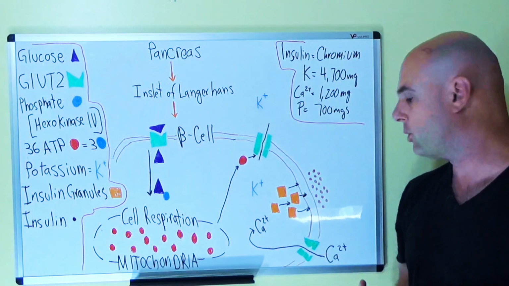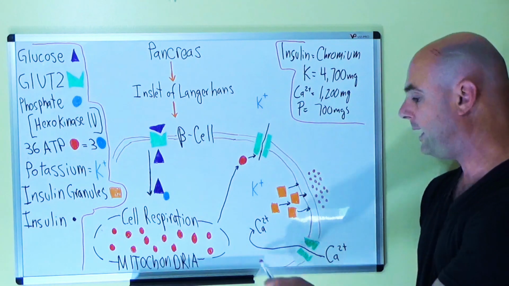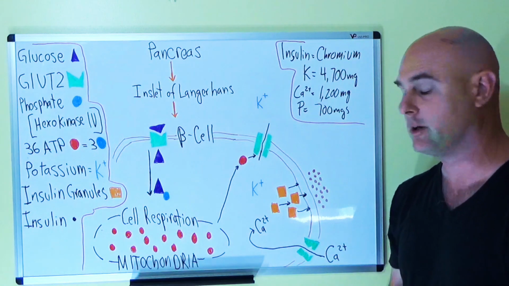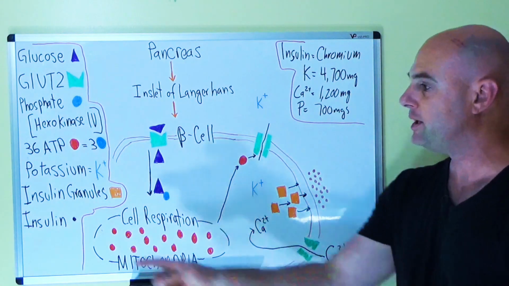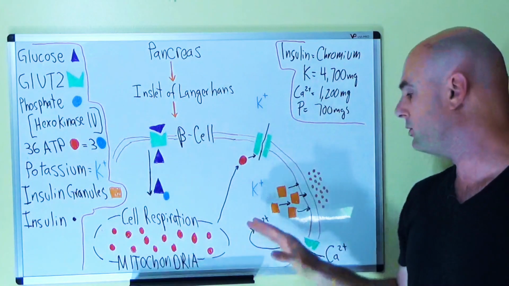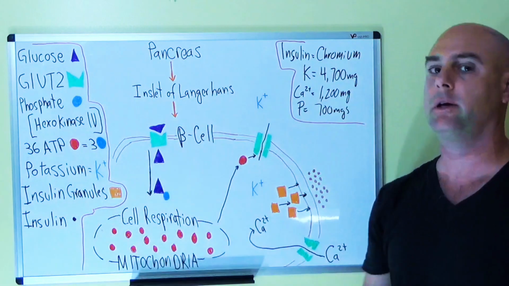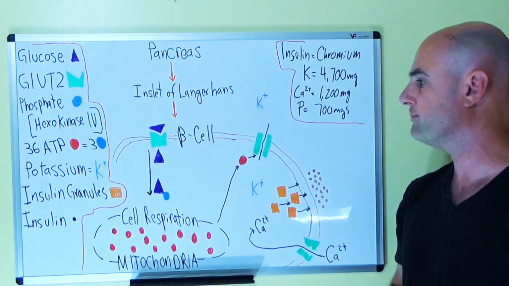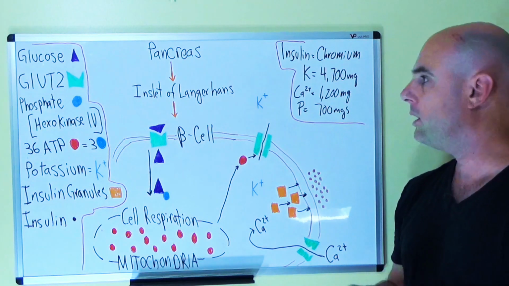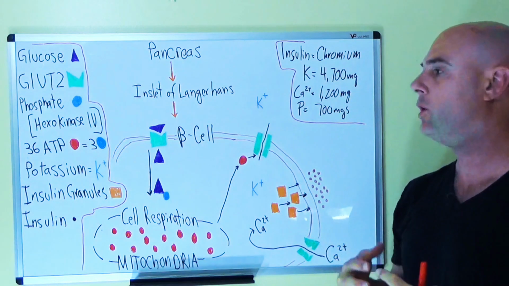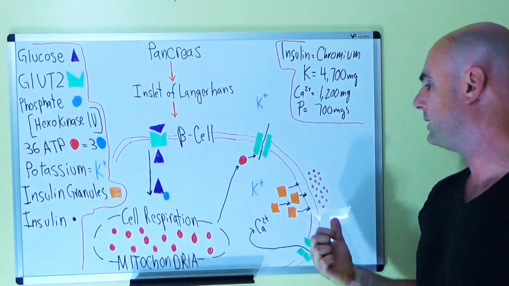And as a consequence, it allows calcium at that point to enter into these beta cells. And what this calcium does is push these insulin granules out of the cell, and they release the insulin hormone into the bloodstream. So that's basically the overview of how these beta cells actually release insulin.